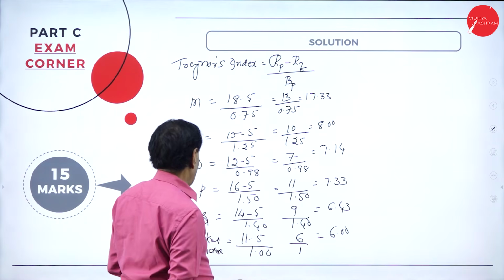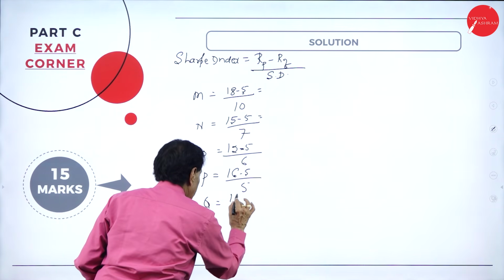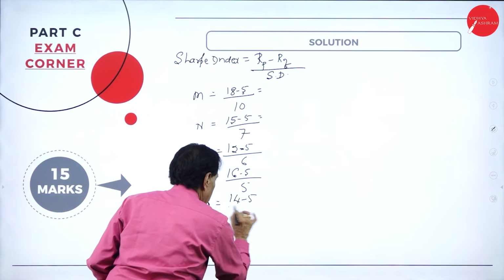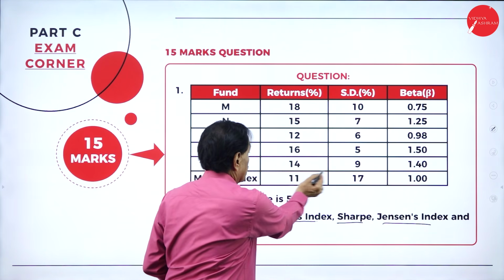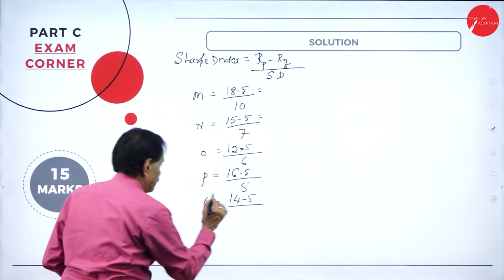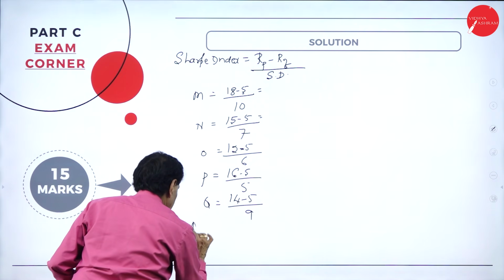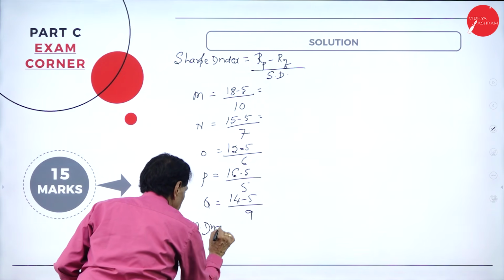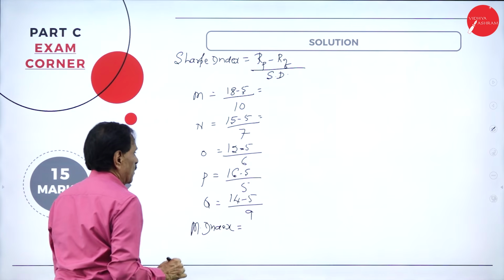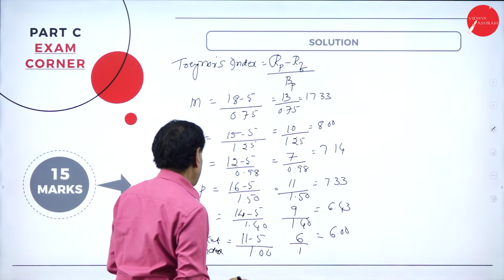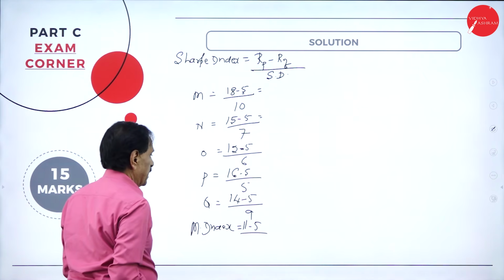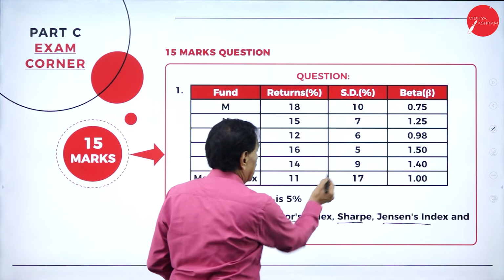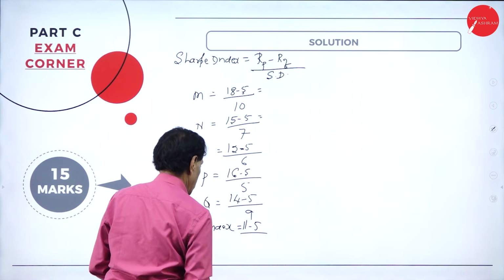Q. 14 minus 5 divided by standard deviation, which is 9. Market index is equal to 11 minus 5 divided by the standard deviation, which is 17.